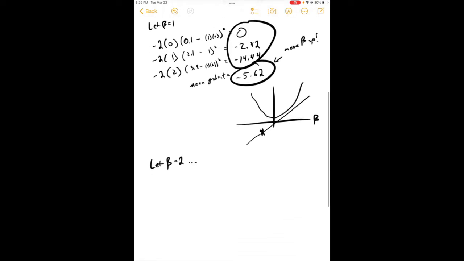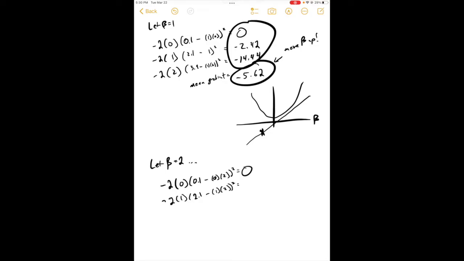And then we've got to find our gradient again. So we have negative 2 times 0 times y is 0.1 minus x is 0, and beta is 2, squared. Multiply all that out, we are still going to get 0. Next, when x is 1, y was 2.1. X is 1 and beta is 2. Square that.